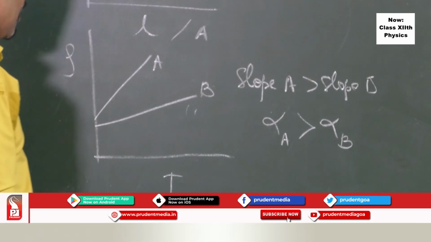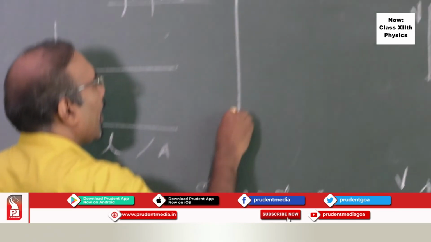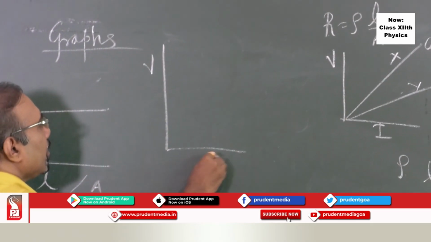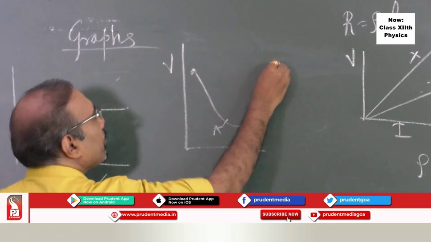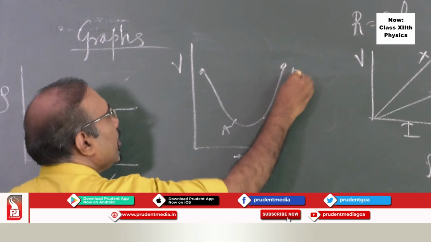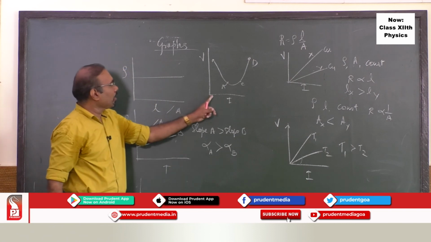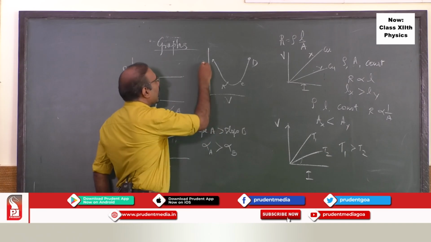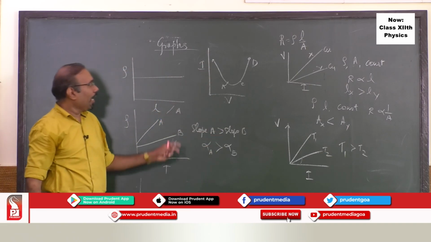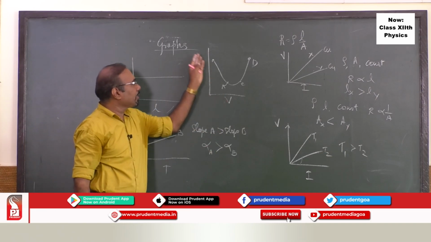Likewise, you can have a graph where you can have a negative resistance. In which region is there a negative resistance? We can take voltage versus current or current versus voltage. As the voltage increases, resistance is decreasing.